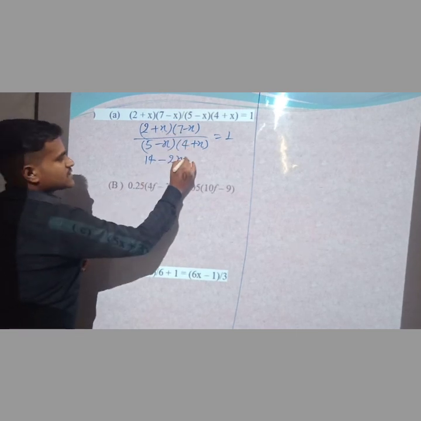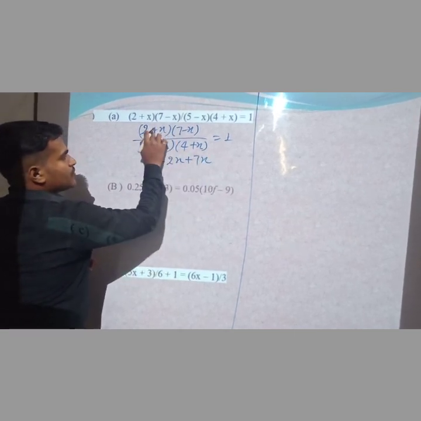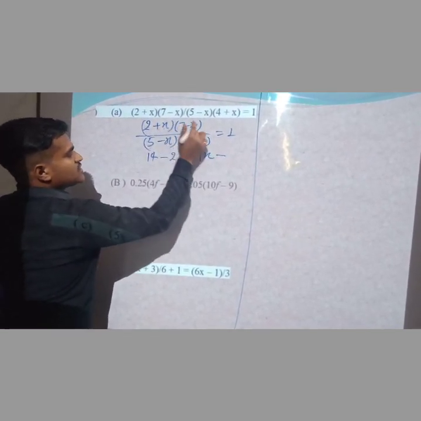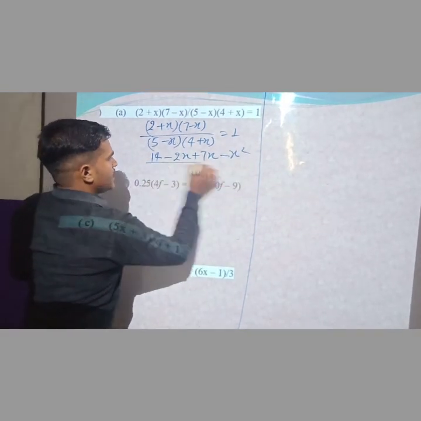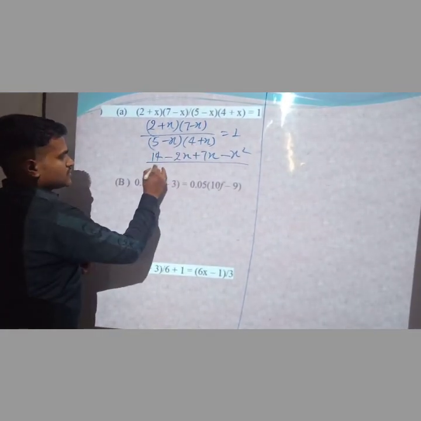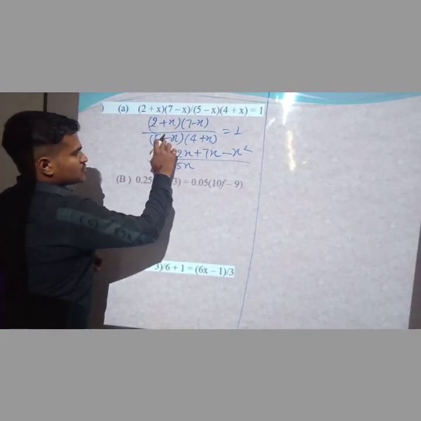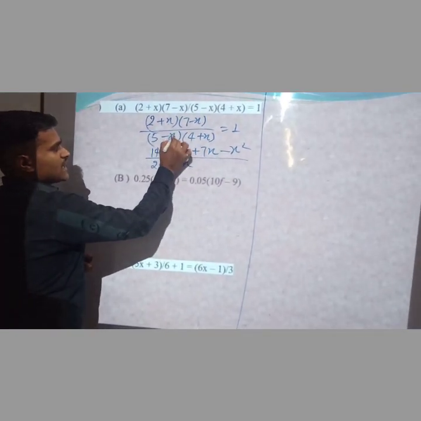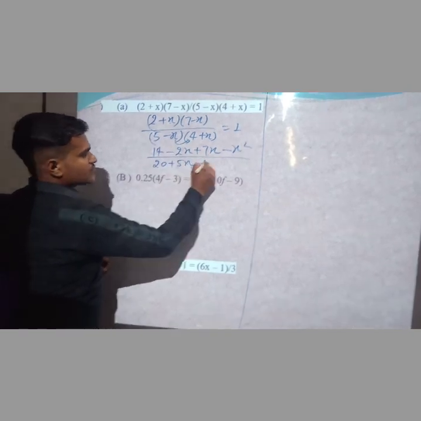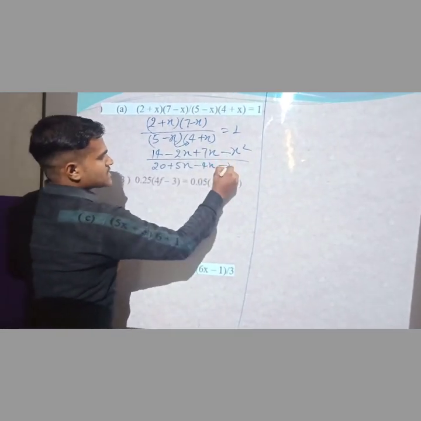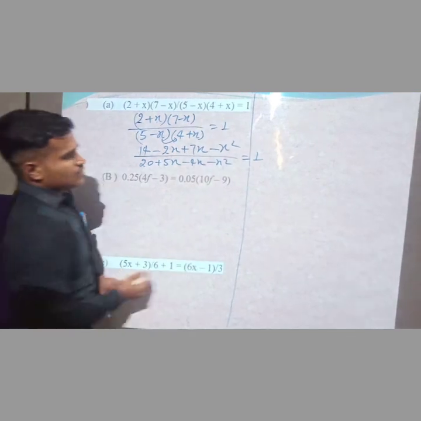Now 7 into x, 7x, plus minus x into x, minus x square, upon 5 fours are 20. Now 5 into x, 5x. So minus x into 4, minus 4x, and minus x square is equal to 1.